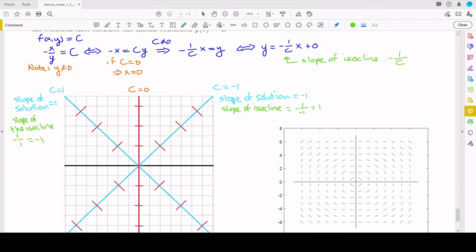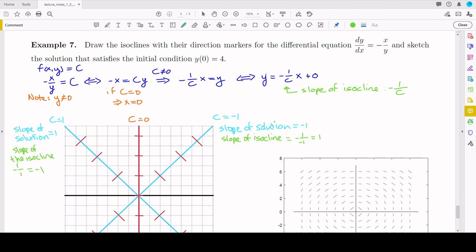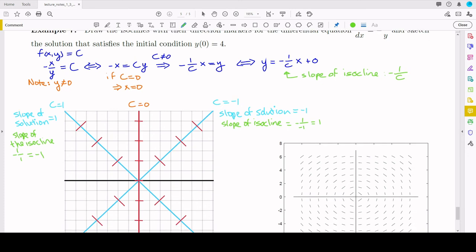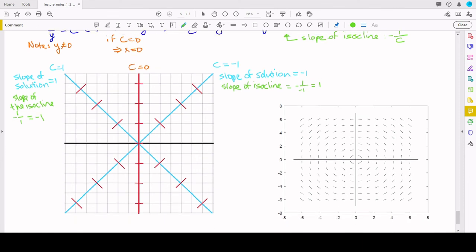So now all we have to do is to sketch the solution that satisfies the initial condition y of 0 equals 4. So if we go to the computer generated direction field here, we start at 0, 4, and then according to the direction marker we start off kind of horizontal, but then our slope gets more and more negative.